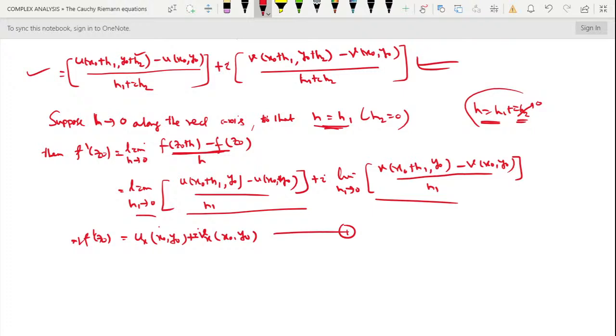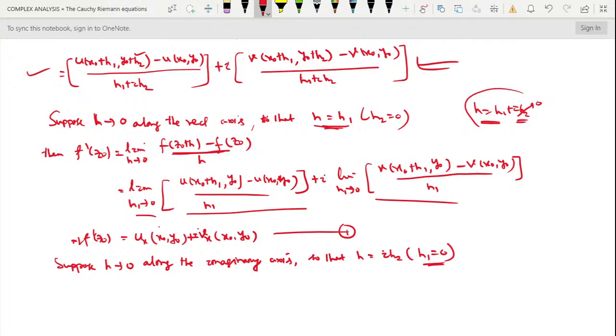Similarly, suppose h goes to 0 along the imaginary axis. Along the imaginary axis, our h will be i h2, because on the imaginary axis the real part is 0, so h1 will be 0, and h will be only i h2.